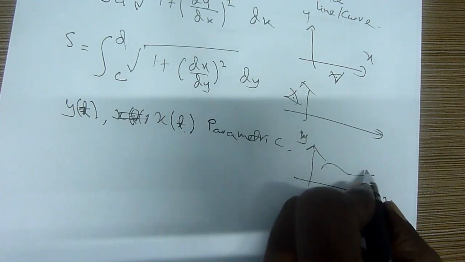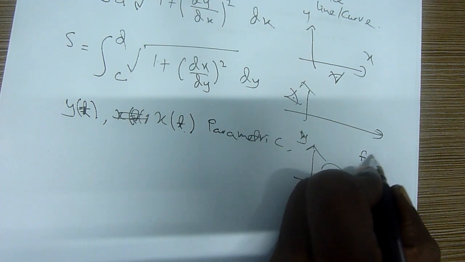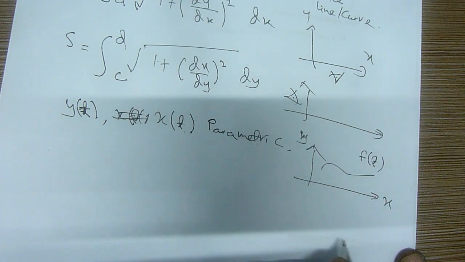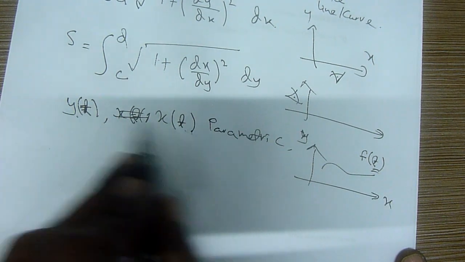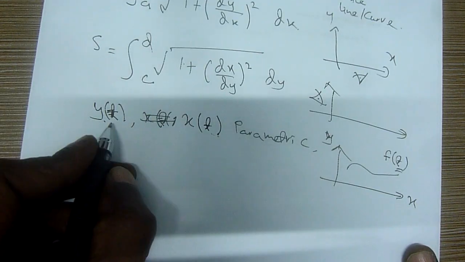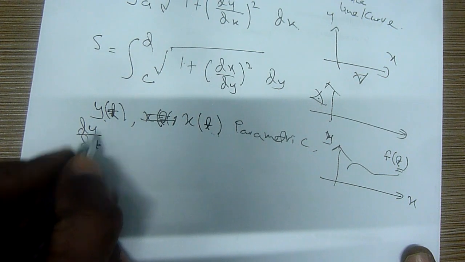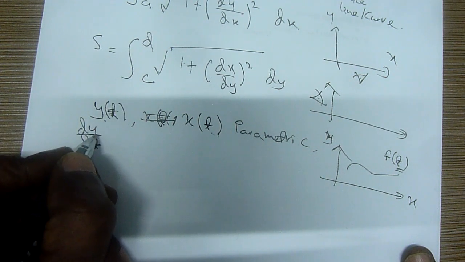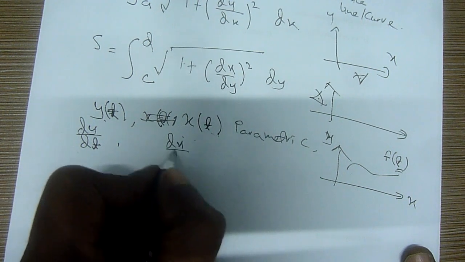We parameterize this to what we call f(t). Okay, we parameterize this in the t form. This is the parametric based calculation. Okay, therefore we know the calculation can be done for dy/dt. If you wanted to calculate dy/dt, this is dy/dt, and this one is dx/dt.